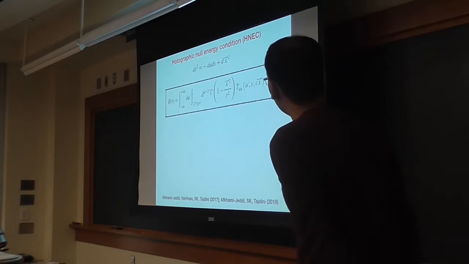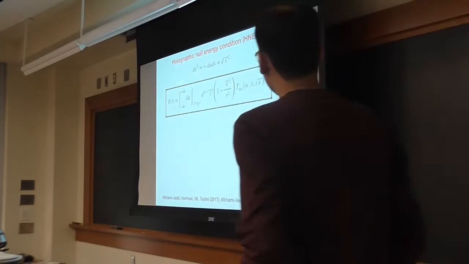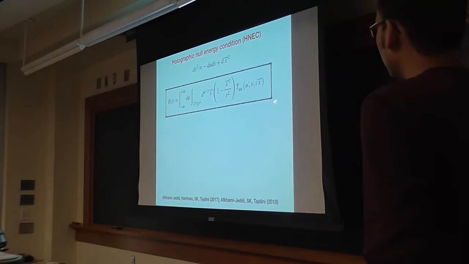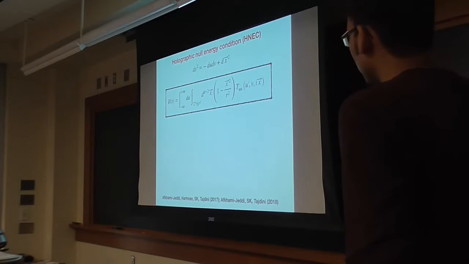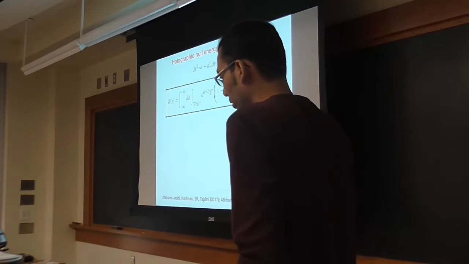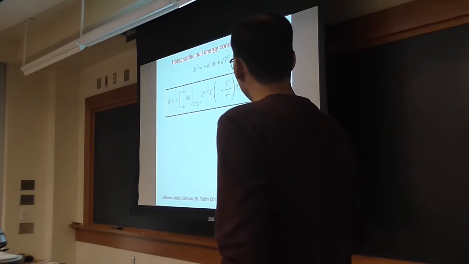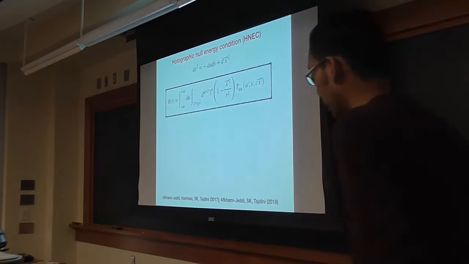Okay, so let me move on to the holographic null energy condition. It's basically a generalization of the averaged null energy condition, where you take the same operator, but now you have to smear it over some imaginary direction. It's not that we're conjecturing this has to be positive. We can actually show, again by using causality of the CFT, that this is a positive operator in some sense.